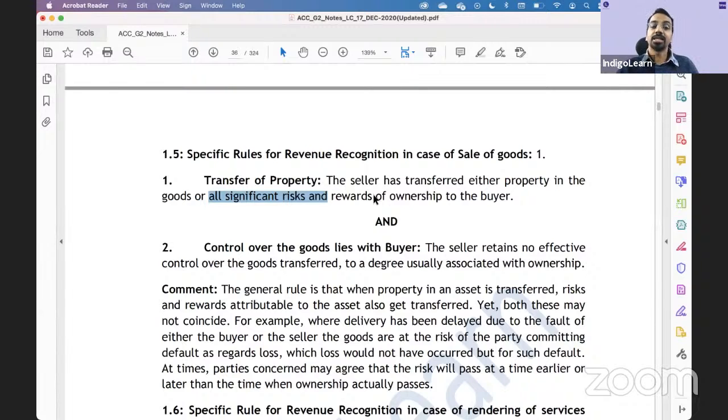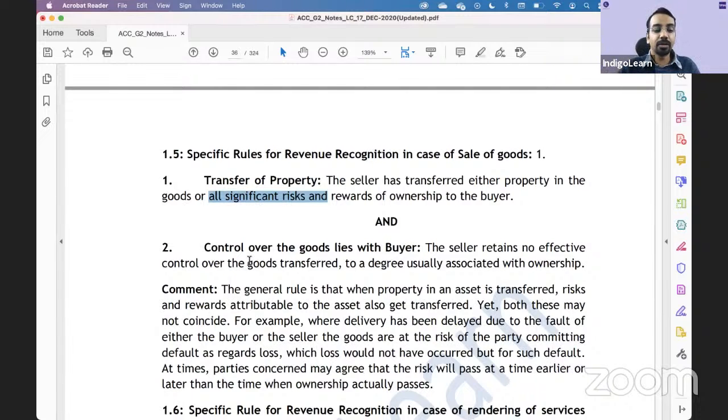In that case, substantially all the things required for transfer of property have happened, and then in substance, applying the concept of substance over form, you can recognize the revenue. This is one kind of question which generally gets tested in the examination, right? So generally, when property is transferred, you can recognize the sale of the particular goods.